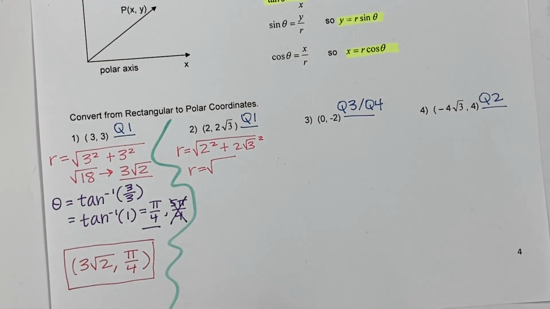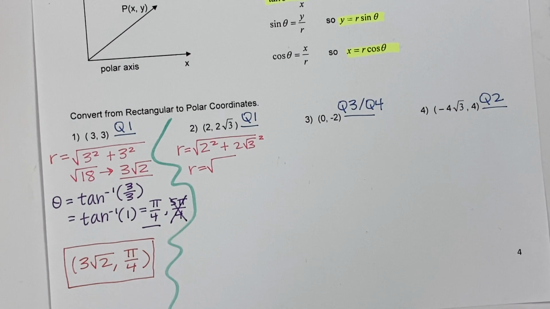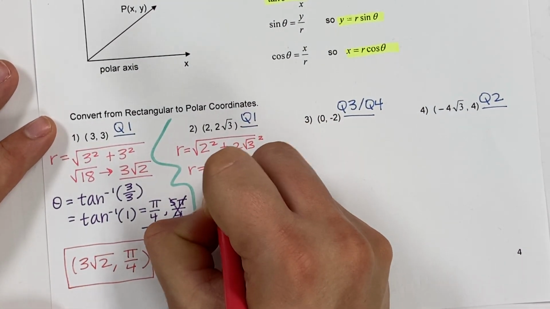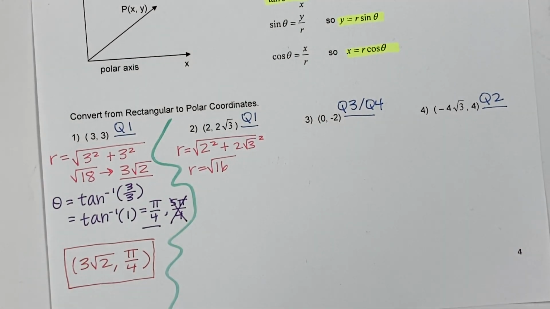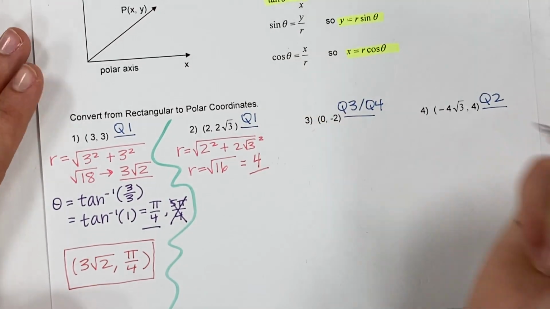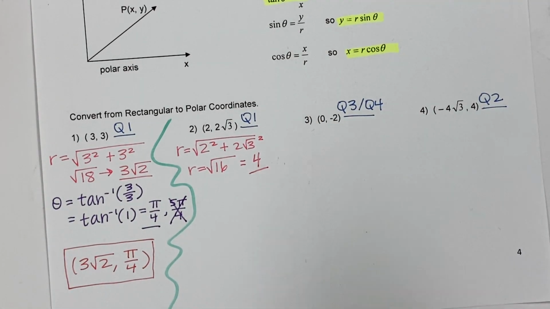What is 2 squared plus 2 root 3 squared? I don't have a calculator. Okay, so that's 4 plus 4 times 3 is 12. So 16, did I make that up? Check in your calculator. Make sure that's right. So if it's the square root of 16, that means the radius is 4. Woohoo, that seems right to me.